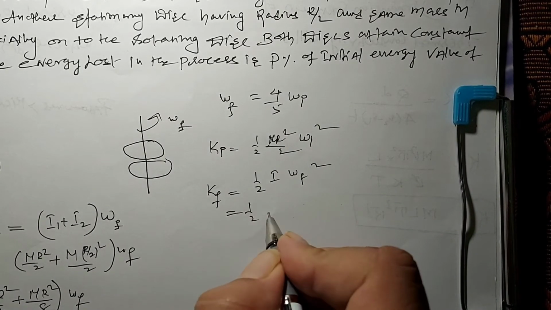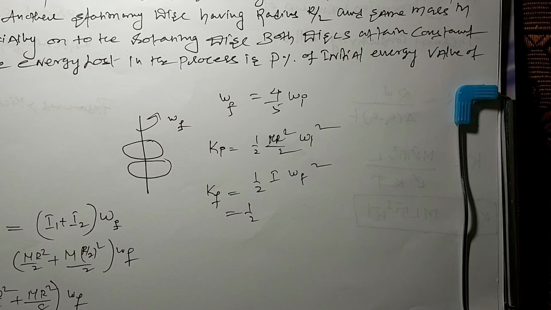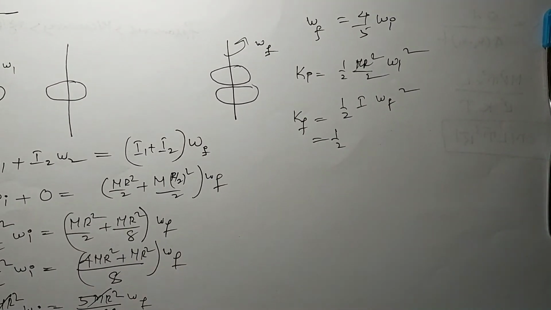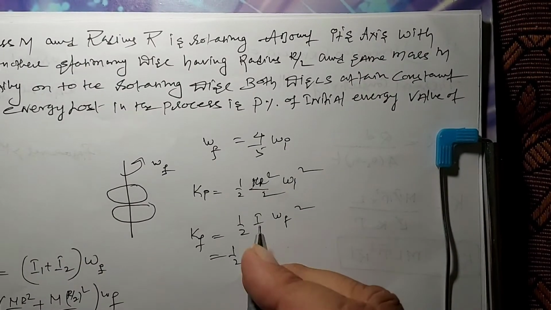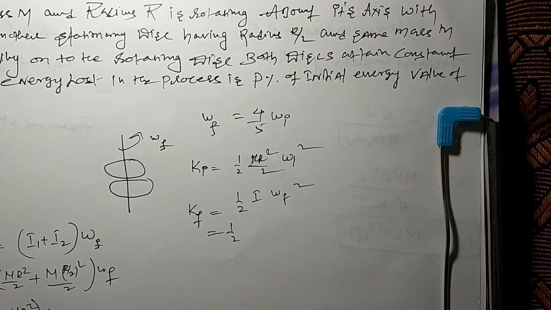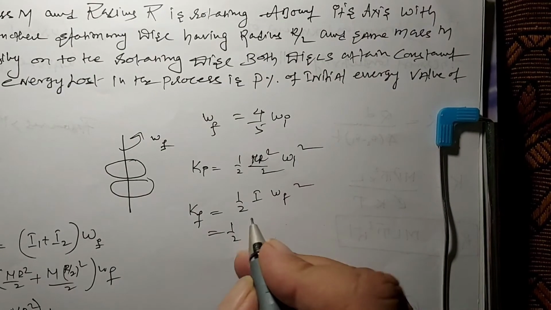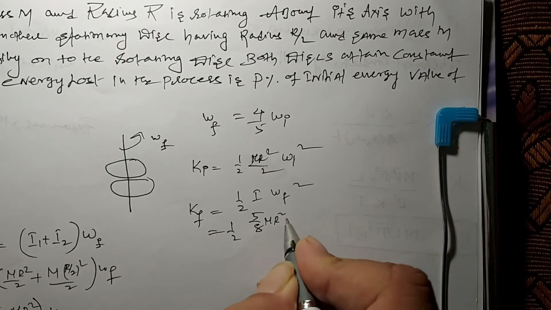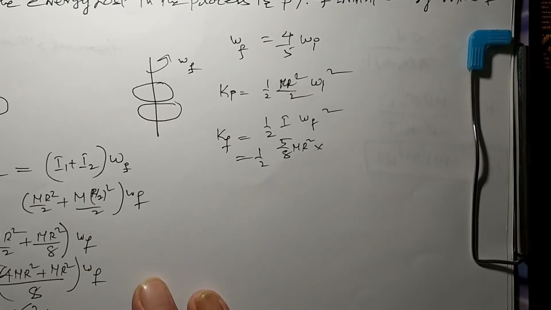What is the final moment of inertia here? Final moment of inertia is nothing but 5 by 8 mr square. So here 5 by 8 mr square into omega f square.